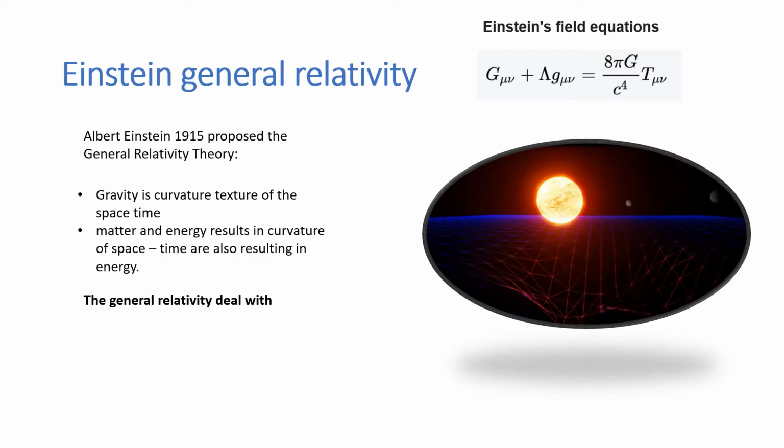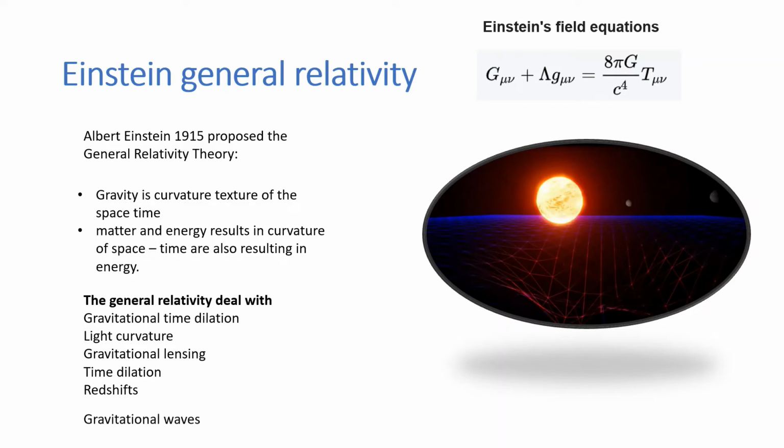The relativity theory has offered many other dimensions of knowledge, like gravitational time dilation, light curvature and the gravitational lensing phenomena, and the time dilation subject and the red shifts, which are waves moving away from us, and the gravitational waves, which were also observed in the project called LIGO in 2015.